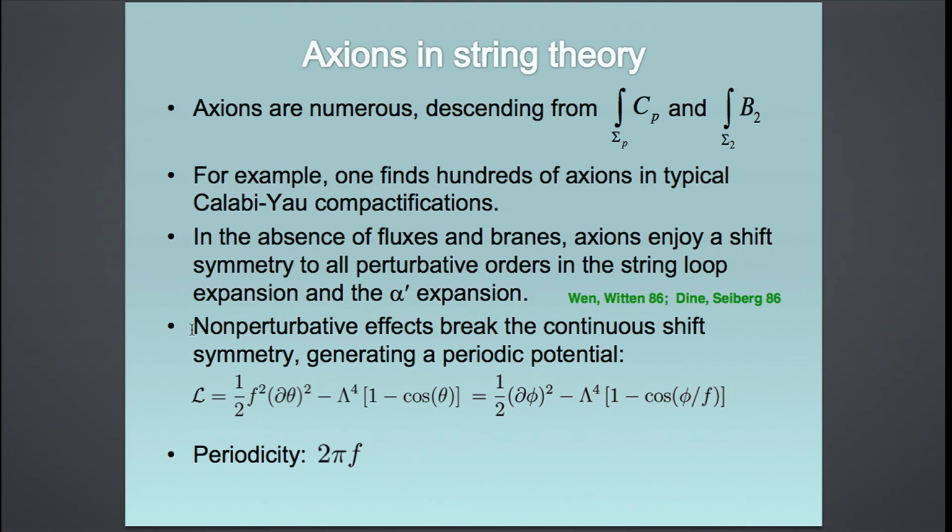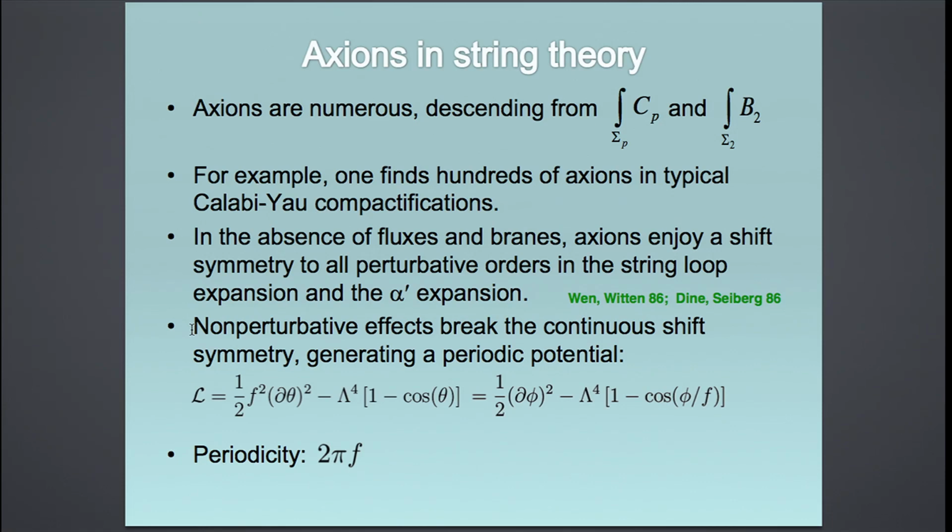Now, in the absence of fluxes and wrapped branes, axions enjoy a shift symmetry to all orders in perturbation theory in the string coupling and to all orders in perturbation theory in the alpha prime expansion. And only non-perturbatively is the axion potential lifted. The non-perturbative effects break the continuous shift symmetry to a discrete shift by generating a periodic potential, which looks like this.